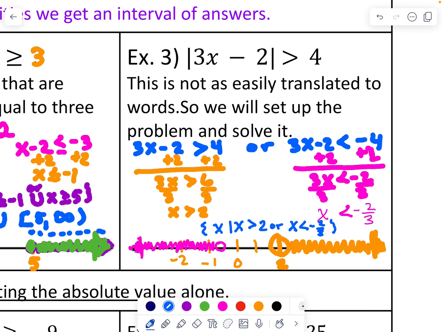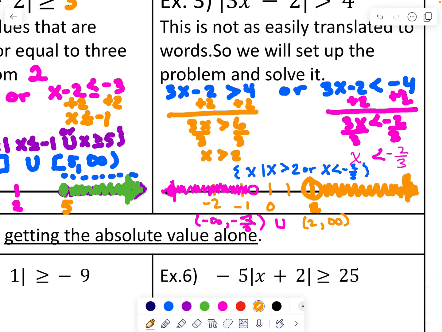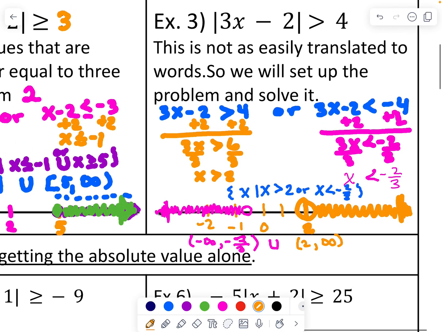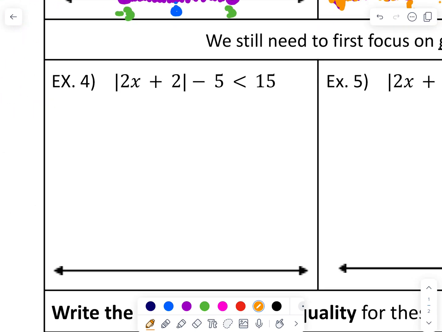We can also write this in interval notation as negative infinity to negative 2/3, not including the 2/3, in union with 2, not including the 2, to positive infinity. So that could be our interval notation. So you can see how that one's a little bit harder to see because we don't really have that middle. Okay, so let's do another one.